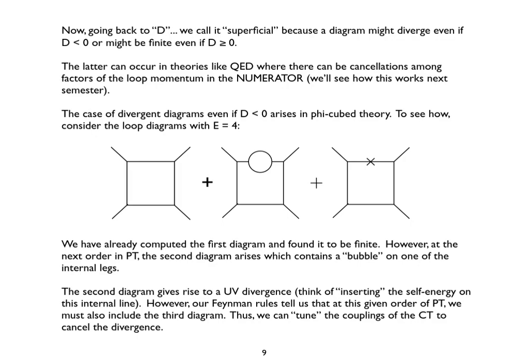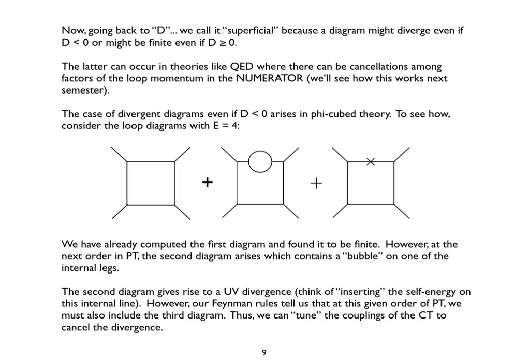So we might have a diagram that diverges even if D is less than 0, or it might be finite if D is greater than 0. So those are the two cases. Before we said if D is greater than or equal to 0, it's divergent, and if D is less than 0, it's going to be finite. But here we're saying we can run into cases where the opposite can be true. So what's the deal with those?